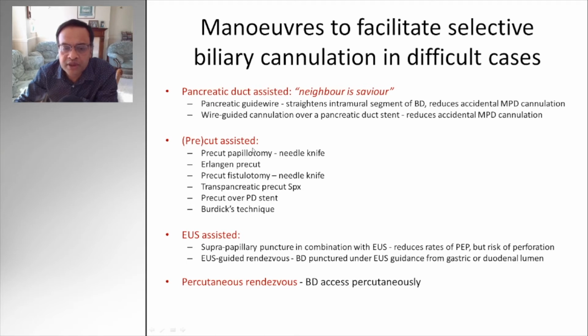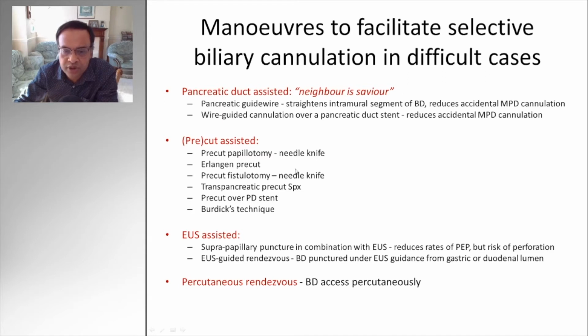With Precut assisted techniques, we use either a needle knife or a sphincterotome to cut the papilla in a variety of ways to facilitate biliary cannulation. And these methods may be subdivided into Precut papillotomy with needle knife, Erlangen Precut, Precut fistulotomy with needle knife, Transpancreatic Precut sphincterotomy, Precut over pancreatic duct stent, and the Burdick technique.